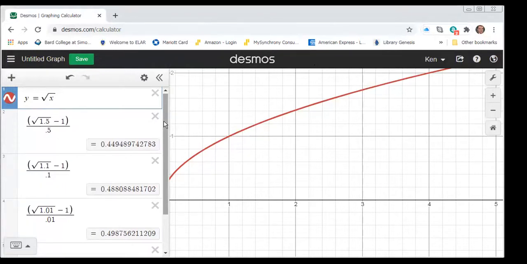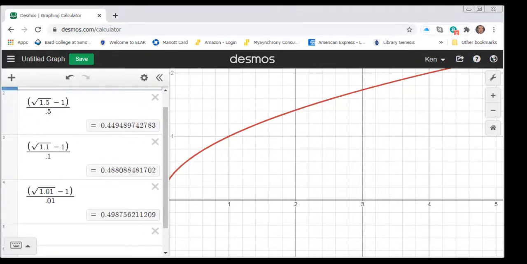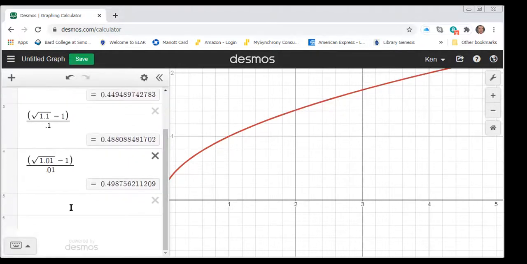And in order to check that out, what I can do is draw the line that goes through the point x equals 1, y equals 1, and has slope 1/2. So that's point-slope form, right?